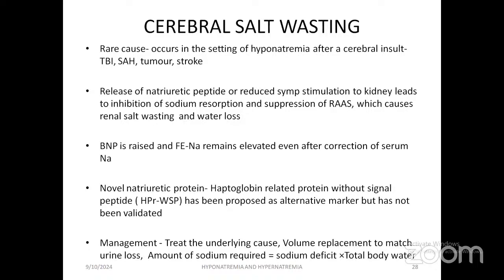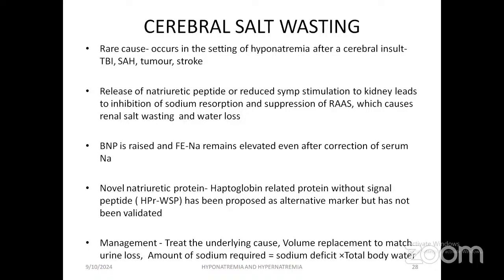There is release of natriuretic peptide or reduced sympathetic stimulation to the kidneys, which leads to inhibition of sodium resorption and suppression of the RAS system, which causes renal salt wasting and water loss. BNP is raised and fractional excretion of sodium remains elevated even after the correction of serum sodium.